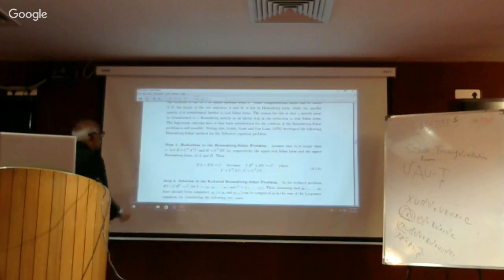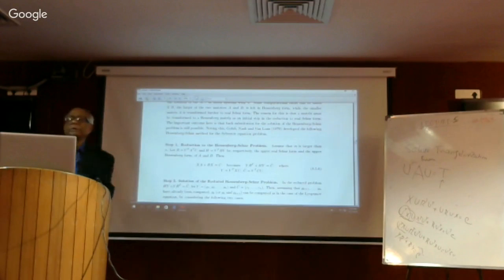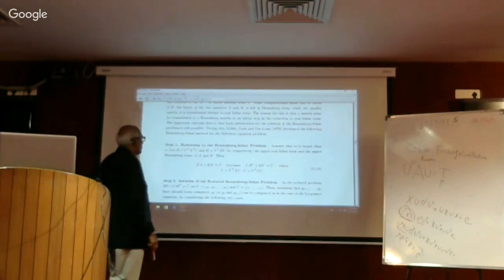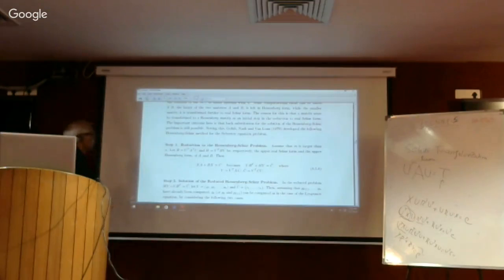So A transpose is transformed to the real Schur matrix R, and B is transformed to the Hessenberg matrix H. U and V are two transforming matrices. They are orthogonal matrices. So if you do that, then as I showed for the Lyapunov matrix equation, the same way we can show that the matrix equation XA plus BX equal to C becomes YR transpose plus HY equal to C hat, where C hat is V transpose CU and Y is V transpose XU.